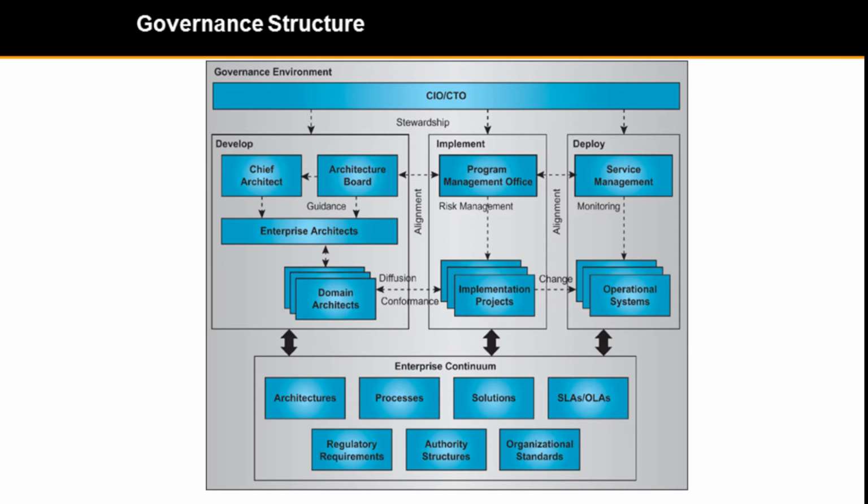Governance is very important, and we want to make sure that you have the appropriate structure in place, because if we don't have that governance structure, not only enterprise architecture, neither IT service management or anything else would work properly as well.